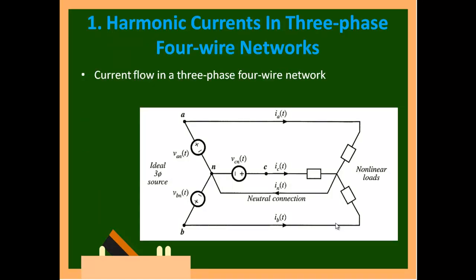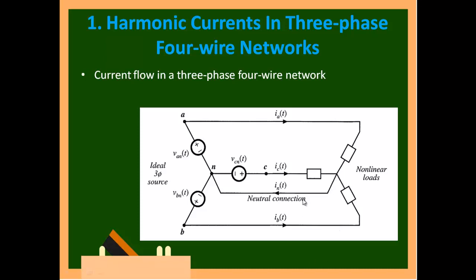We all know harmonic current in a three-phase 4-wire network. First let us see the three-phase 4-wire network. You will have a three-phase supply and a three-phase load. Let us assume it is a non-linear load. We don't go for a linear load, because if there is a linear load, as we have seen yesterday, there won't be any harmonic issues. Only if there is some non-linear load, then there is an issue. And in the worst condition, we don't have any linear loads at all; all the loads are non-linear.